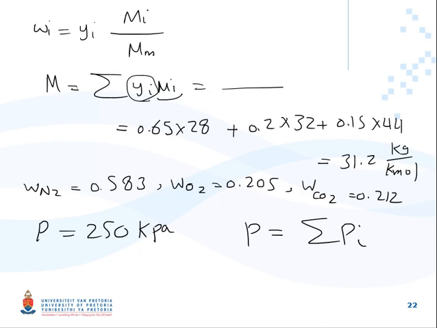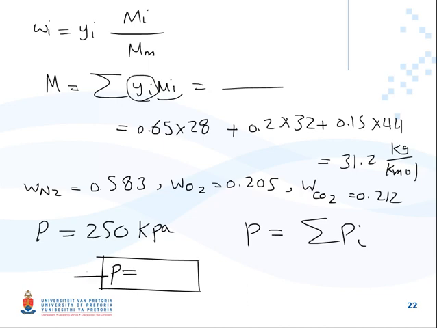There is something missing here. If I put a pressure, how can I say what is the pressure of each of those constituents or species?